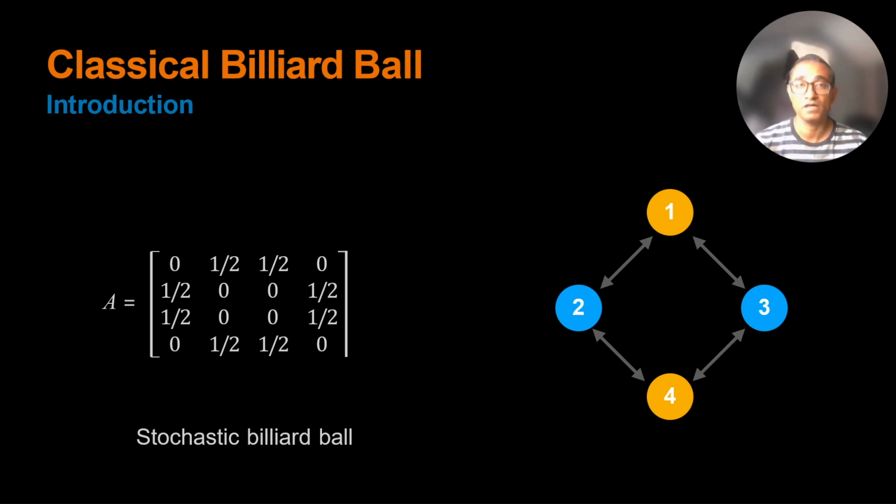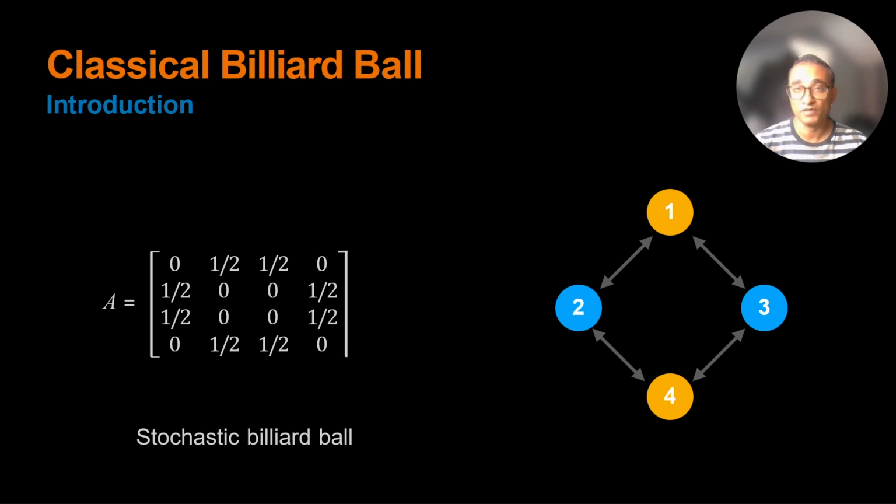So let's just start with the classical billiard ball example. What we have here, as you see, is four edges, and the ball can be in any one of these edges.